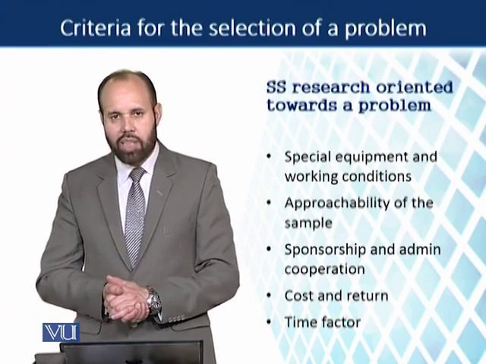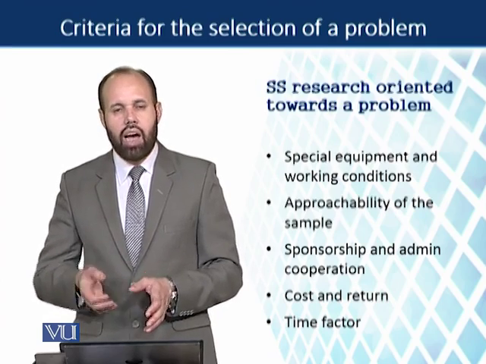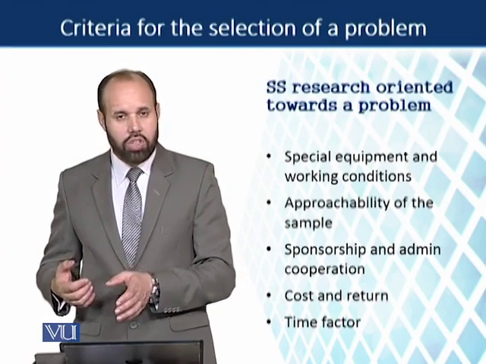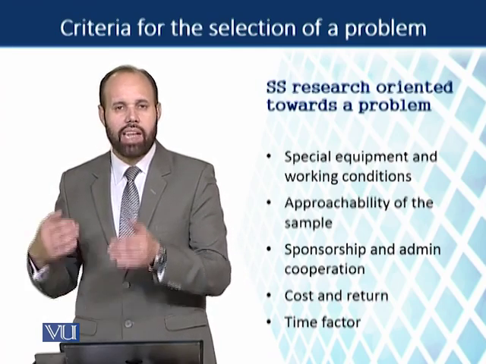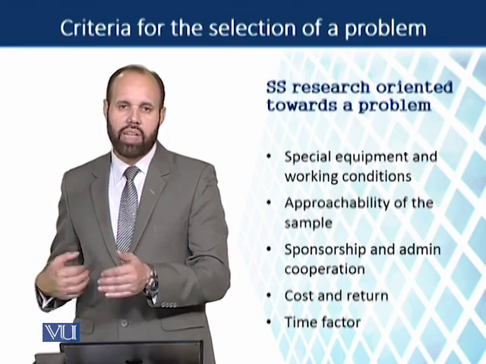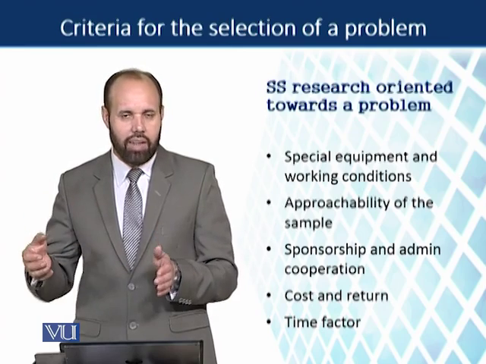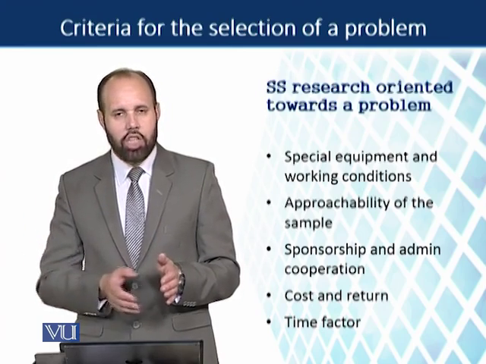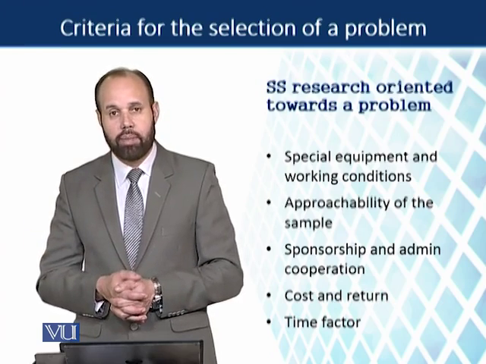And the last point is that we must also think about the time factor. Are we selecting a problem which could be explored within appropriate time? For example, an MA level thesis should generally be completed within 1 semester.